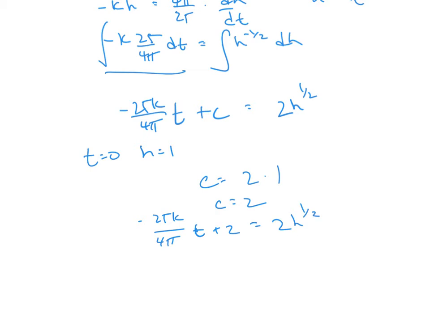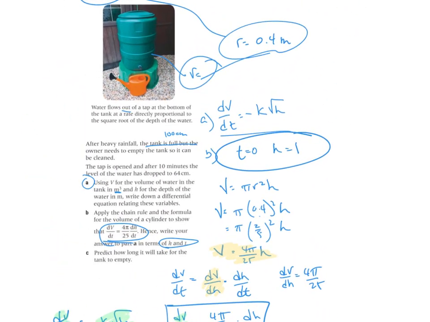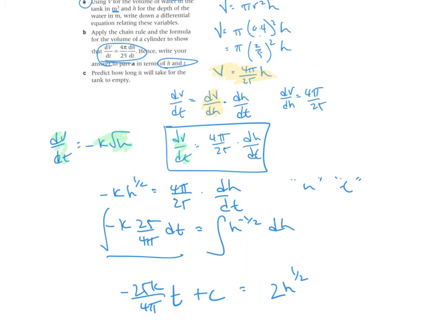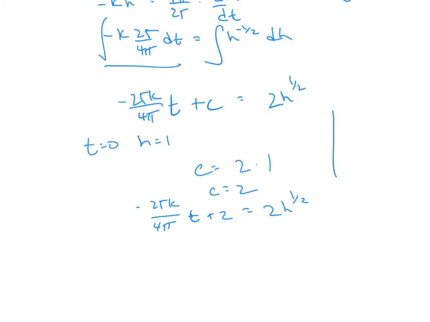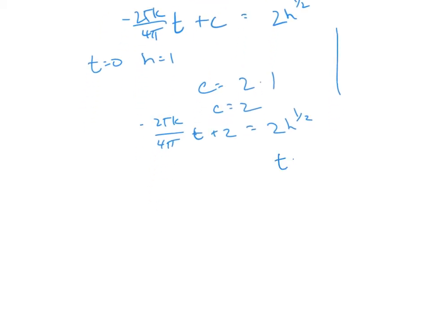Now, to find the k value, the other information that I know is at 10 minutes, it has dropped 36 centimeters. So I know that at t equals 10, h is 64 centimeters, which is 0.64 meters, because I have to do it in meters.